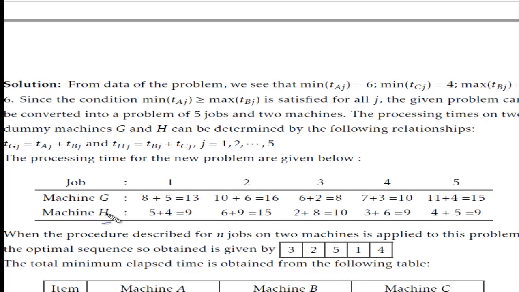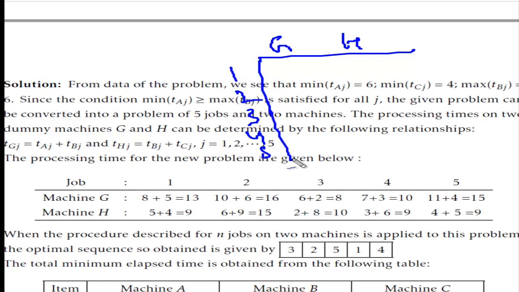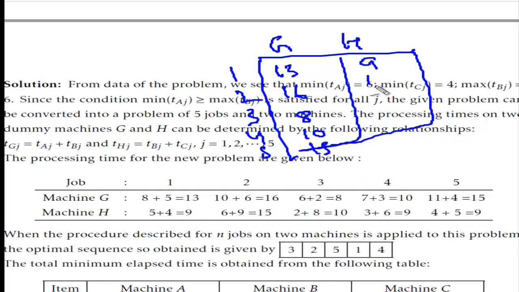If you are confused by this, you can use your old question scenario, like we can put up jobs on this side, G and H. Then we have jobs 1, 2, 3, 4, and 5, and here I get 13, 16, 8, 10, and 15. For H, I will get 9, 15, then 10, then 9, then 9.